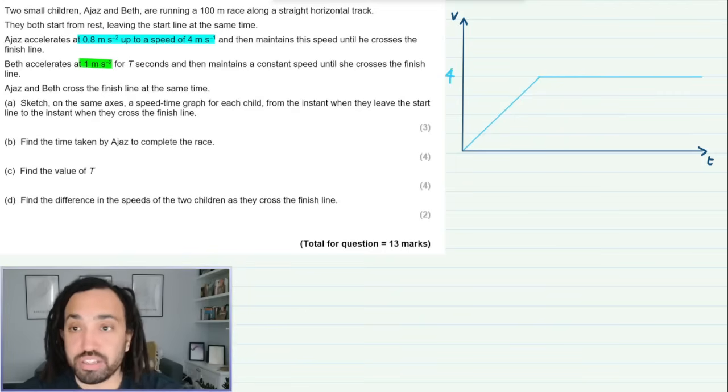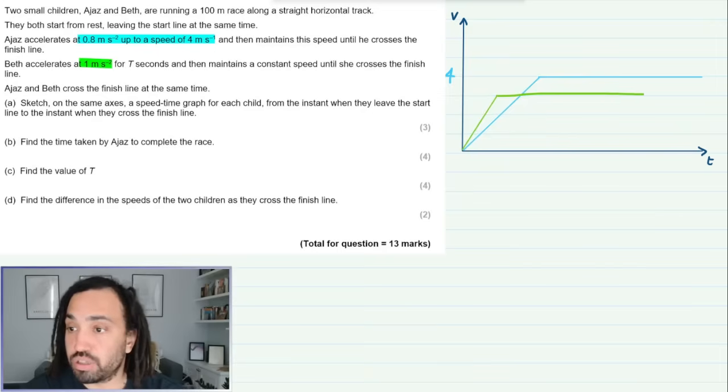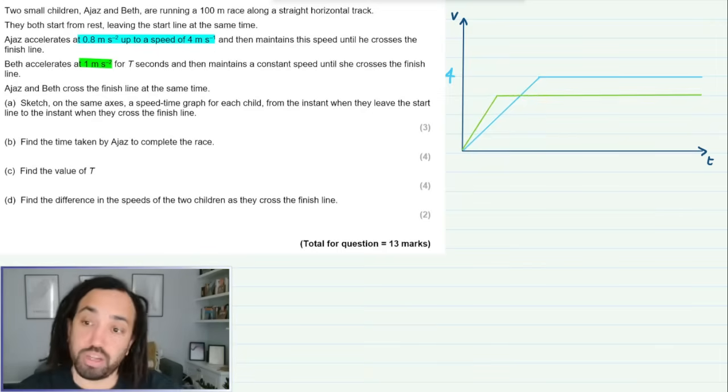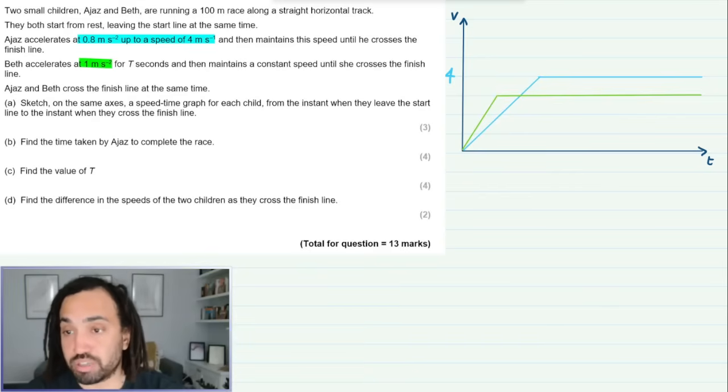Okay, now the next person, they increase their speed quicker than the other person. So they don't need to get to such a fast speed in order to complete the race, because they've started off by increasing their speed faster at the start.